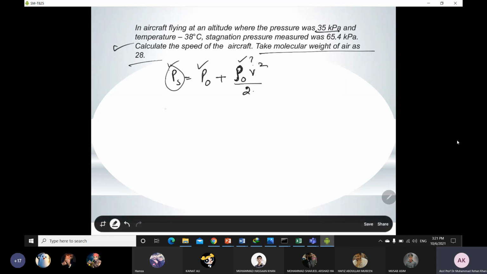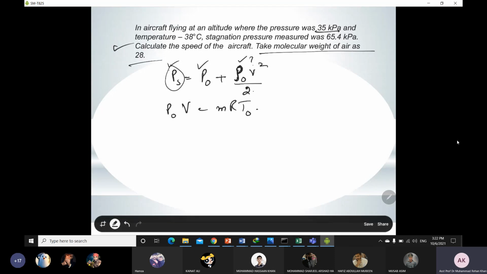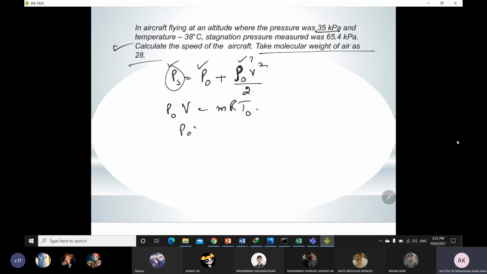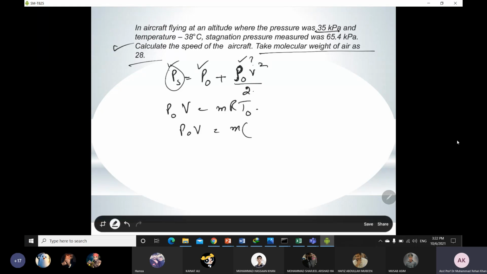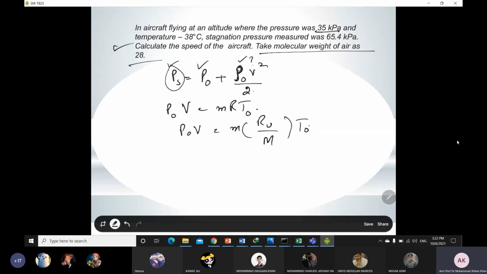So first we have to find the rho naught value. Simply apply the ideal gas relation: PV is equal to m R T naught. From here, we can make p naught V equal to m R, and we can replace the gas constant using the relation R equals the universal gas constant over molecular weight. We have this equation from the earlier chapter as well.